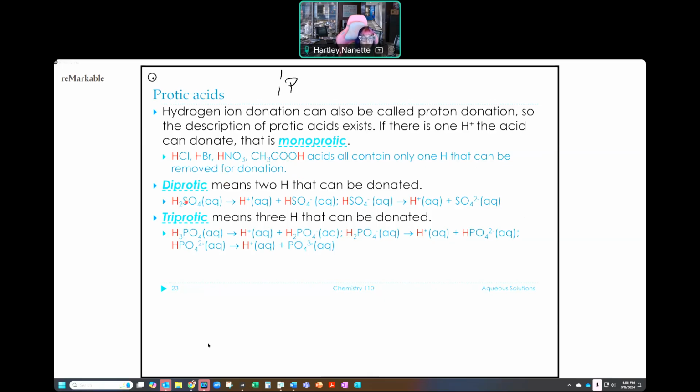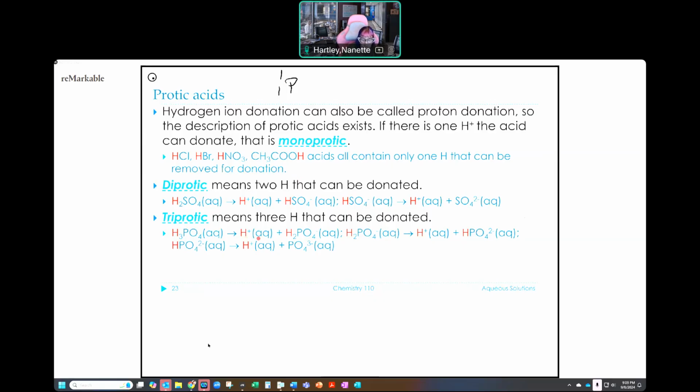It does so in two steps. So H plus and HSO4 minus. HSO4 minus can also donate one H plus to leave SO4 2 minus. There's one common triprotic acid that we talk about. It's H3PO4. And again, it acts in steps.